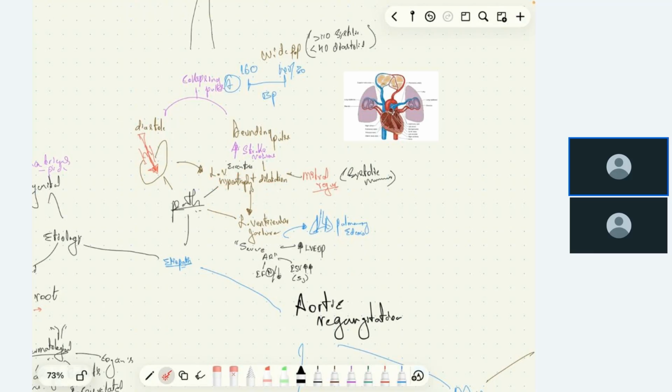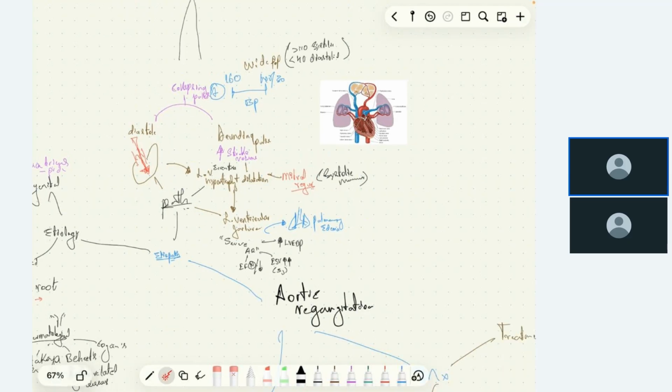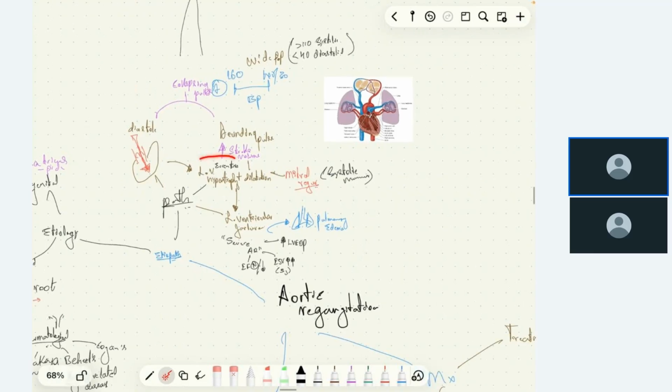The eccentric left ventricular hypertrophy and dilation may eventually cause back pressure over the mitral valve, causing secondary MR, mitral regurgitation. Then eventually the eccentric left ventricular hypertrophy will lead on to left ventricular failure. We also see that in mitral regurgitation.